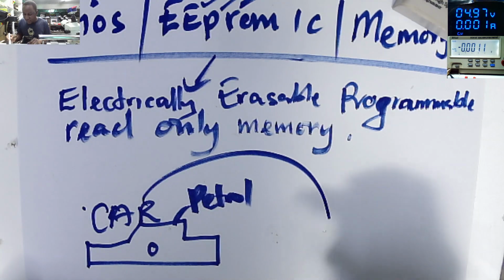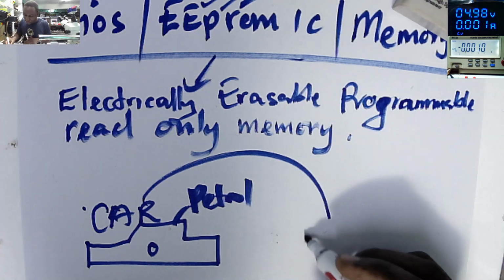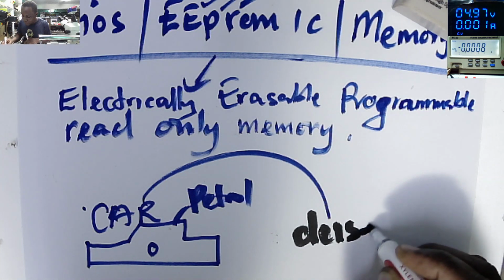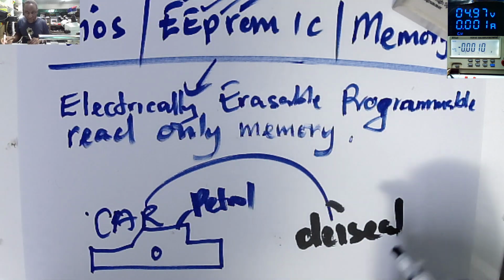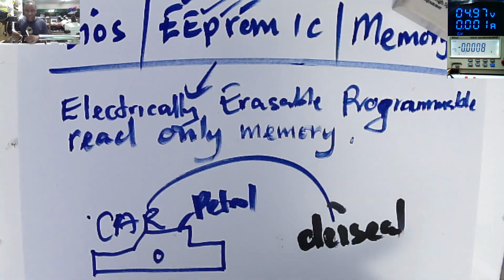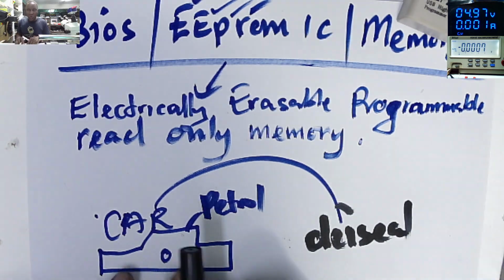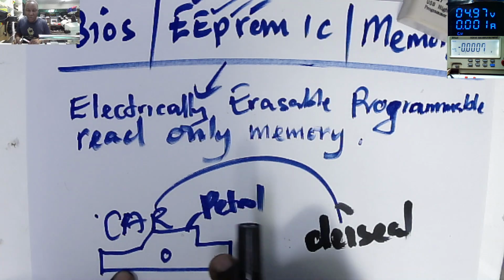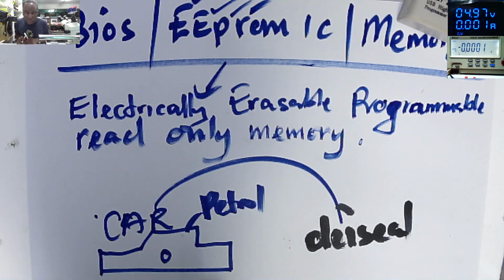put diesel. I don't know if that's the right spelling, but it's not about the spelling, it's about what I'm trying to explain here. You go with a petrol car to a filling station, they put diesel instead of petrol.